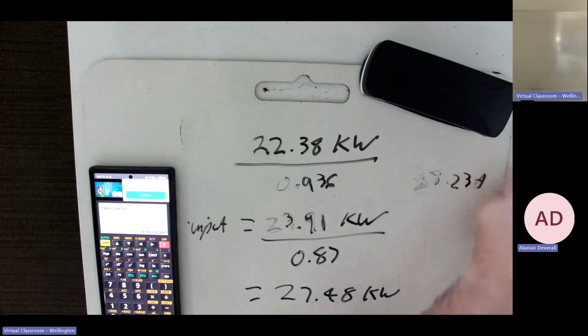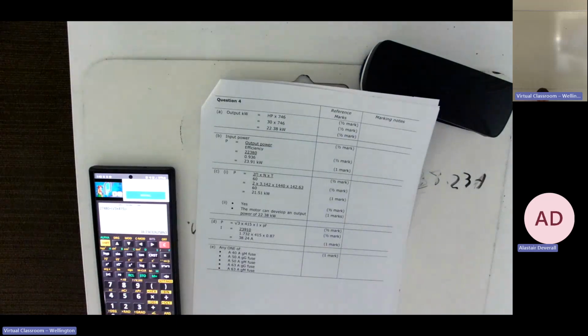Okay, answer sheet, I get 38.24, a subtle difference from rounding. Might redo that one later.